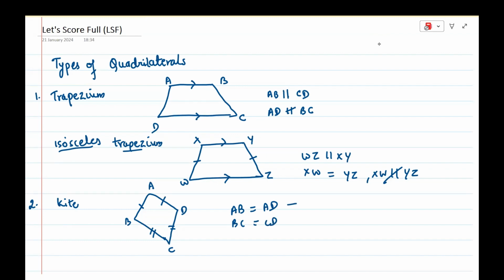This means two pairs of adjacent sides are equal, then we say it is a kite. And also, only one pair of opposite angles is going to be equal. Here, angle B is equal to angle D, and angle A and angle C are not equal. So these are the properties of a kite.